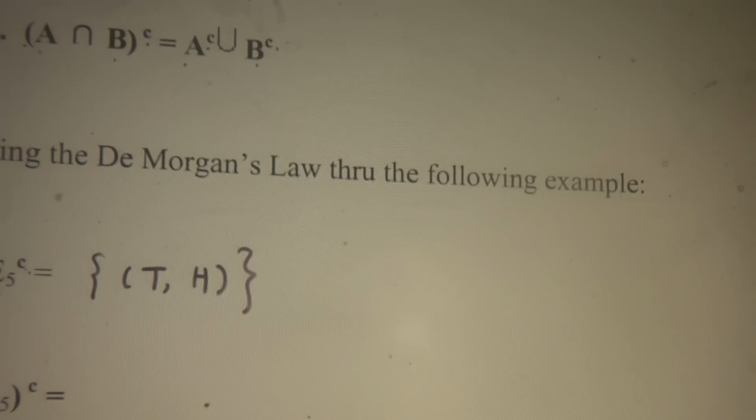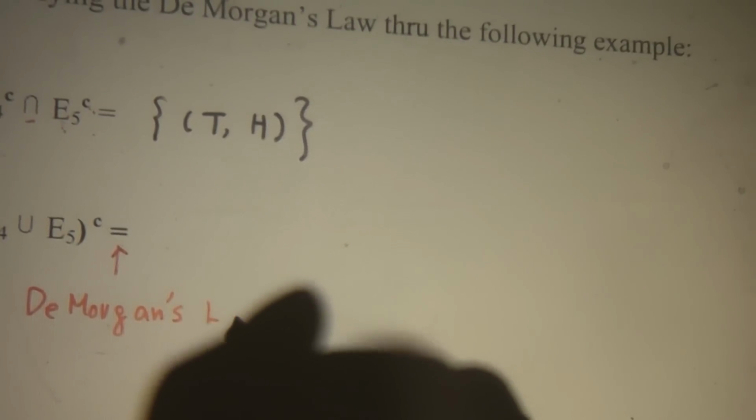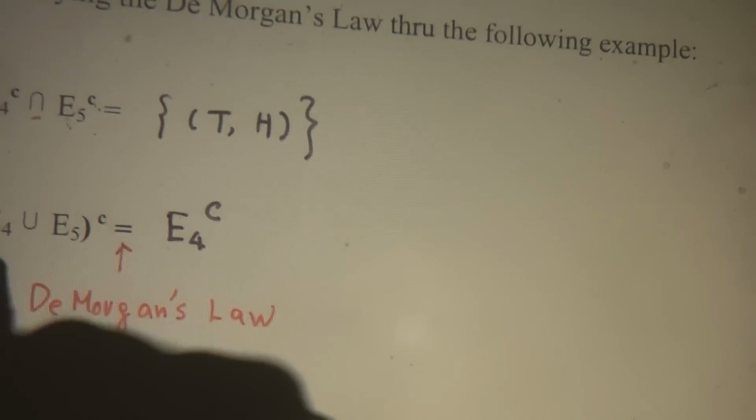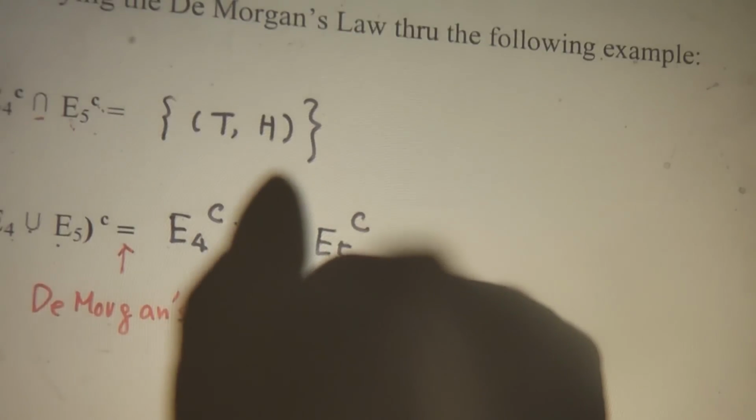Now, if I use De Morgan's law, what should I do? Well, from De Morgan's law, I have E4 complement, if I remove the bracket, E4 complement, E5 complement, and the or becomes and.